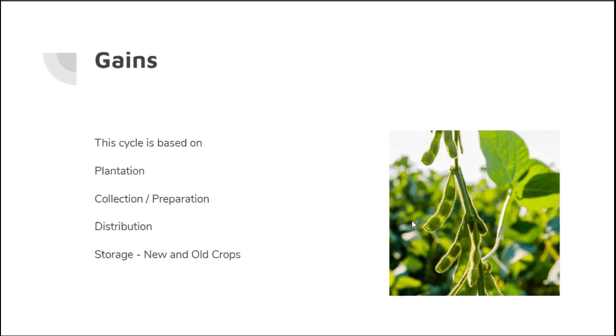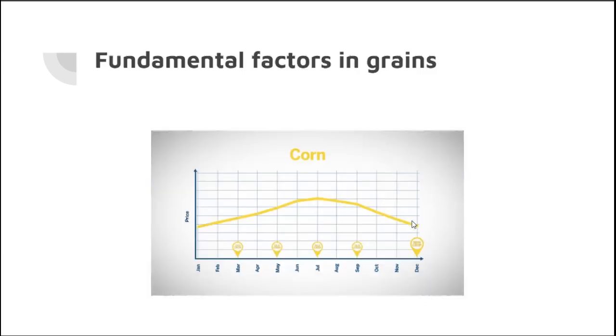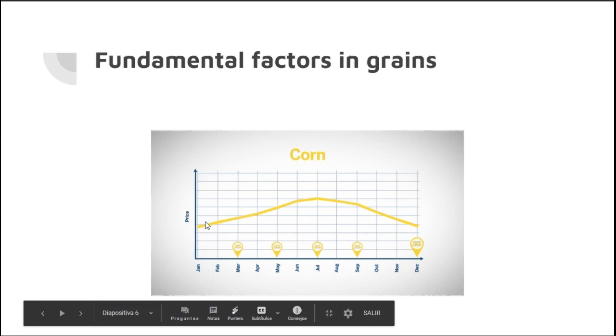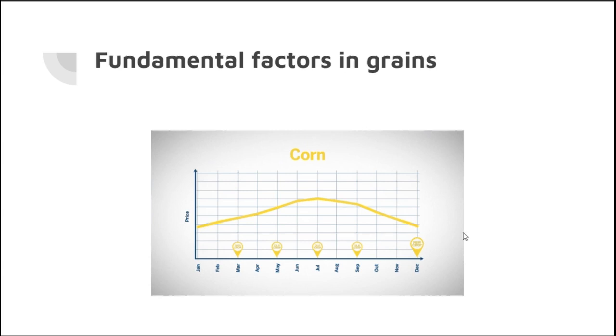We are flooding the market with new offers. And when we have already distributed our soybeans, the market doesn't have the same offer, but the demand is quite stable. So this is why the grains have such a defined seasonality.